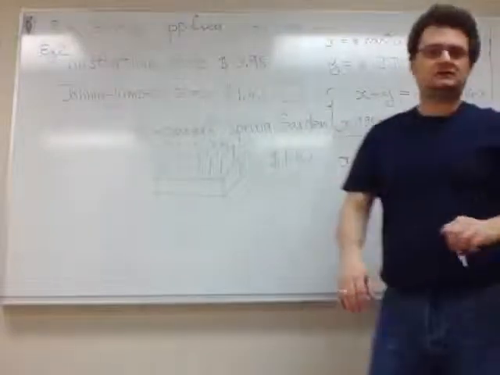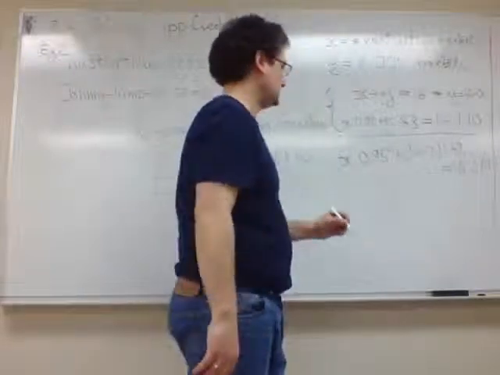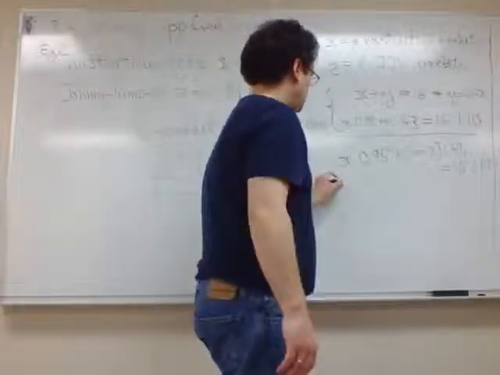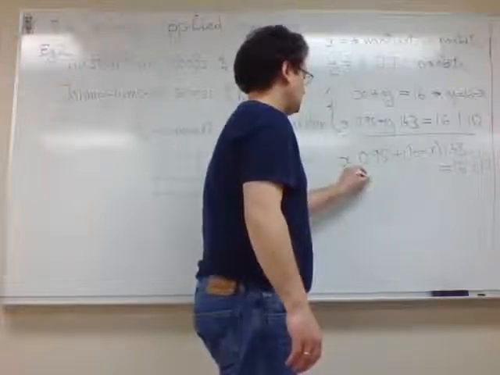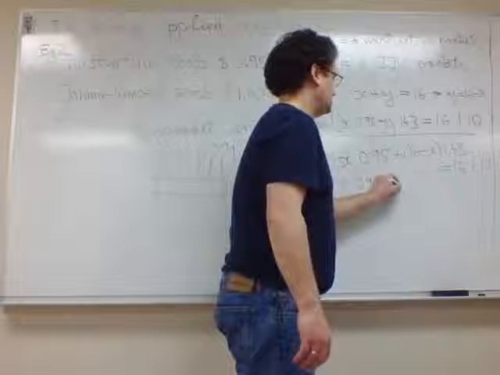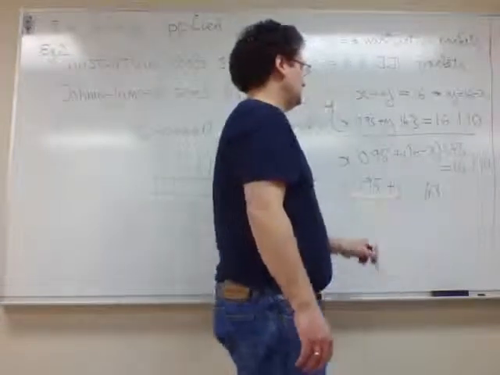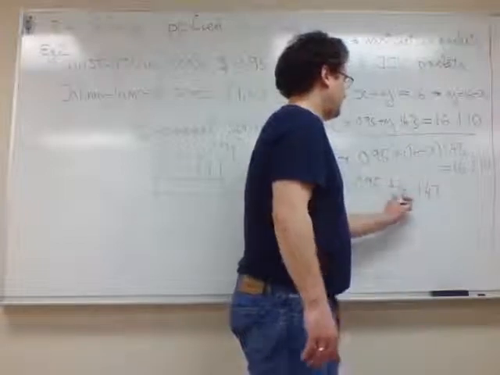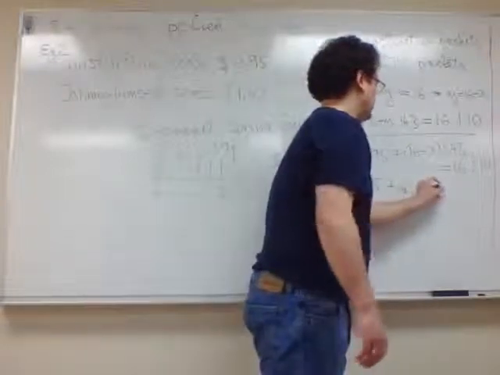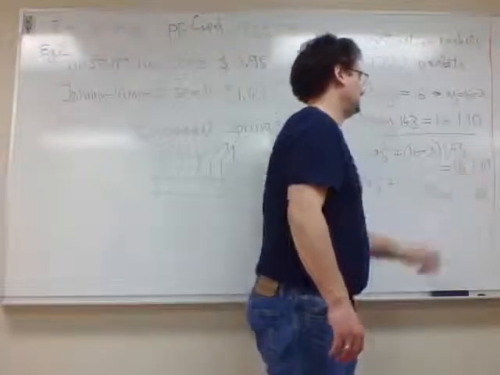So to do that, we will multiply this out first and have x times 0.95 plus 16 times 1.43 minus x times 1.43.